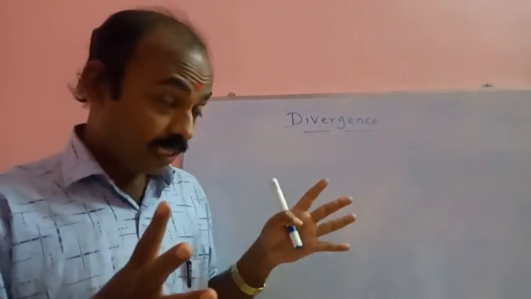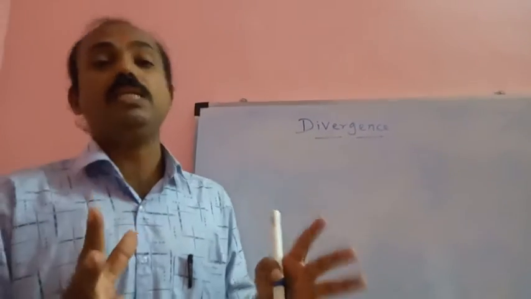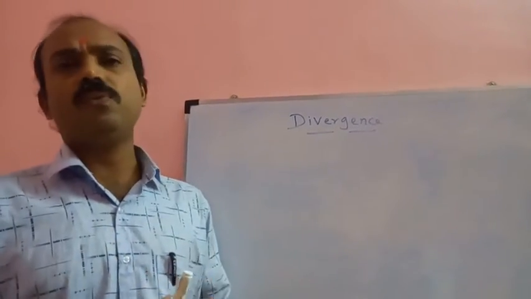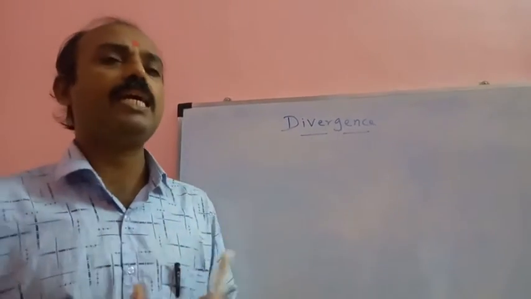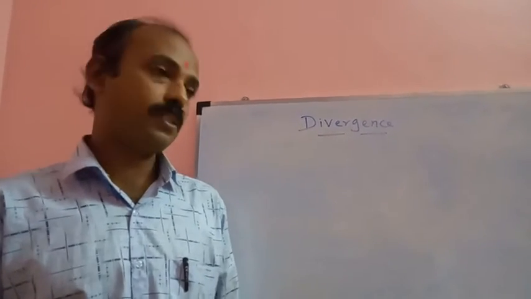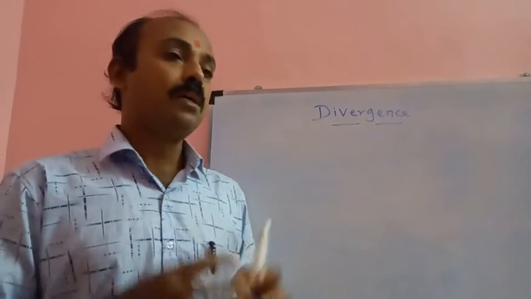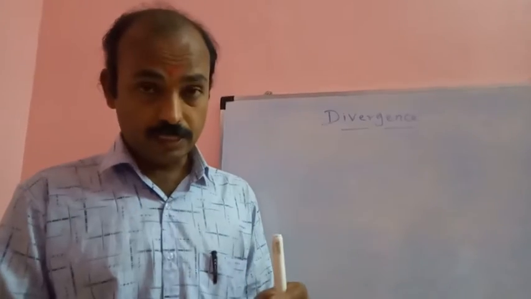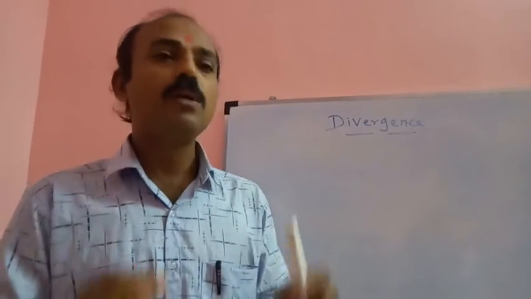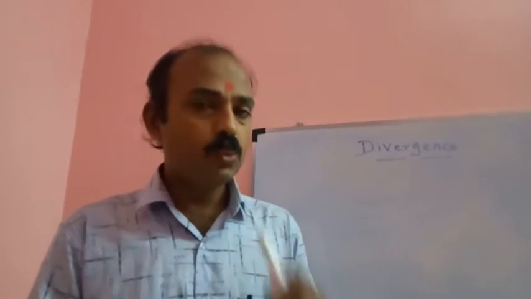Divergence of flux velocity at a point is represented by the quantity of fluid flowing out per second per unit volume enclosed by a closed surface surrounding that point. Once again, the definition: divergence of flux density at a point is represented by the quantity of fluid flowing out per second per unit volume.